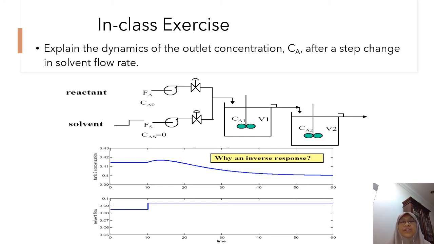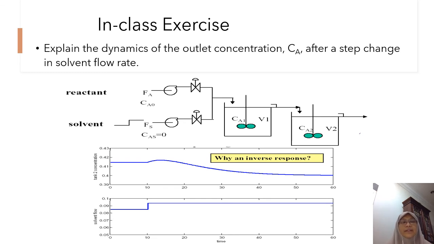In the solvent stream, there's no A, there's no reactant. When both streams first go into the first tank, what happens if there is a step change in the solvent? And finally, when it goes to the second tank, what happens to the final output?